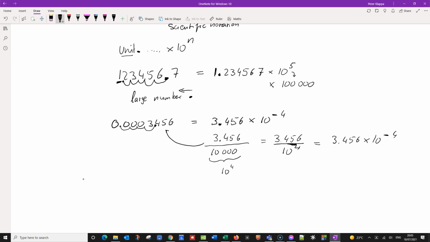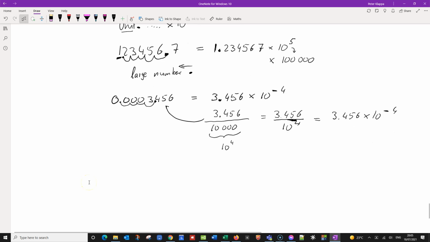Very often you will see this in calculators, that this scientific form is indicated, and it will not necessarily give you it in this fairly long form. What you very often will see on a calculator is the calculator speak of it, and that would be in this case 3.456, and then instead of times 10 to the -4, very often the calculator puts in an e, and that stands for 10 to the exponent of.